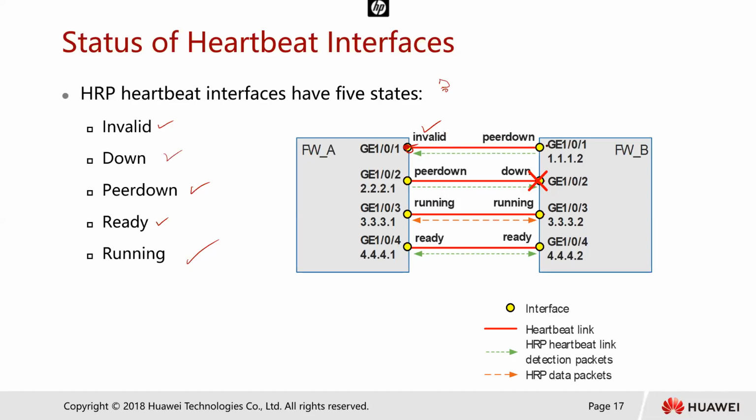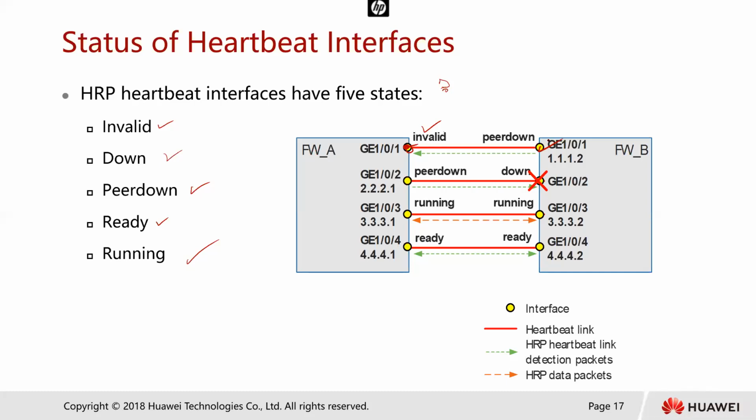Now let us look at peer down. With peer down, this means that the physical and protocol statuses are both up, like we have acknowledged that they are both up and running, and the local heartbeat interface cannot receive the heartbeat link detection reply packets from the peer heartbeat interface. And in this case, the firewall sets the status of the local heartbeat interface to peer down.